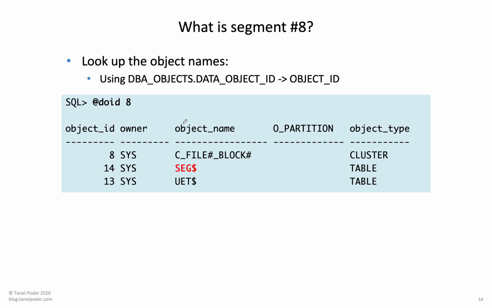I can go to DBA objects and query by data object ID. Interestingly, if I query which objects reside in this particular segment, I see like 3 associated things. How can we have multiple tables in a single segment? Well, the answer is cluster.